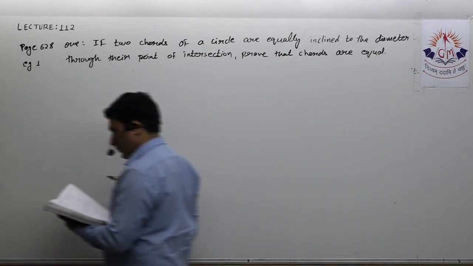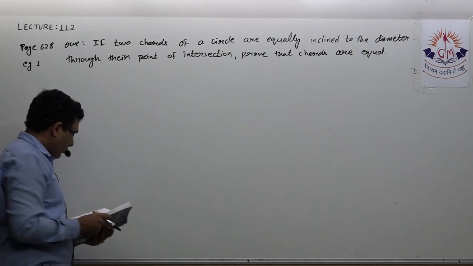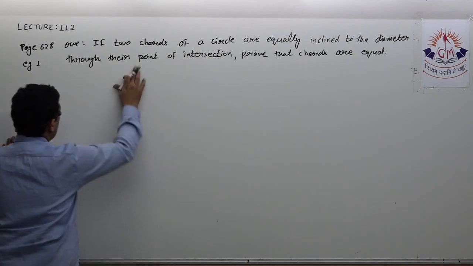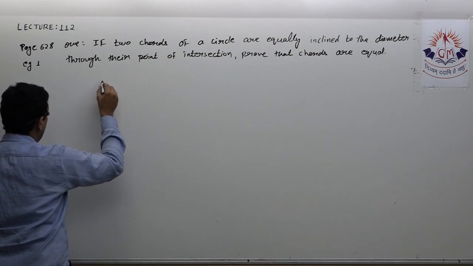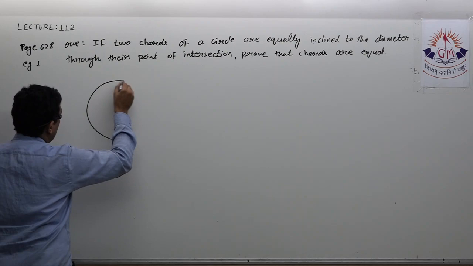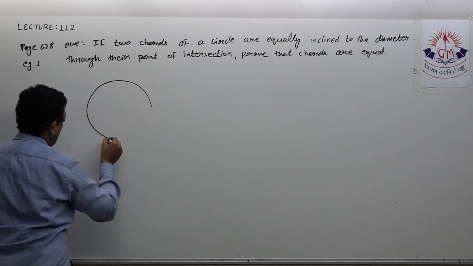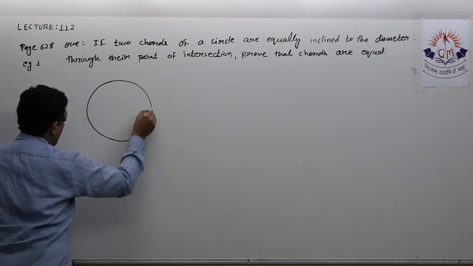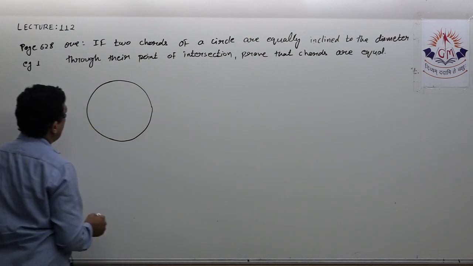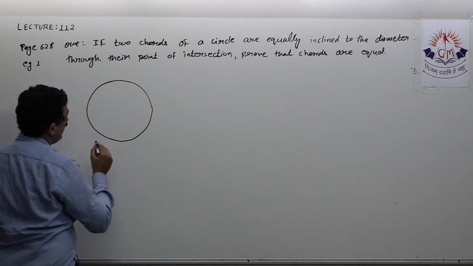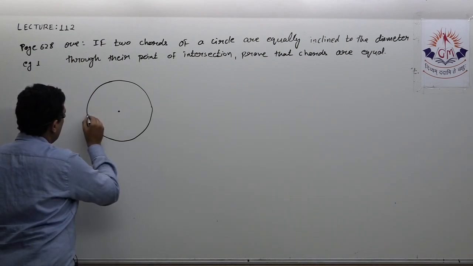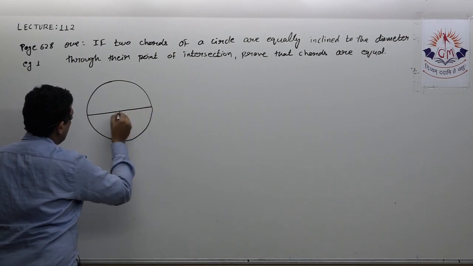Okay, so two chords of a circle are equally inclined. First of all, we'll understand what inclination means. So first of all, we have a circle. It is given that two chords of a circle are equally inclined to the diameter. So first of all, we'll draw the diameter.